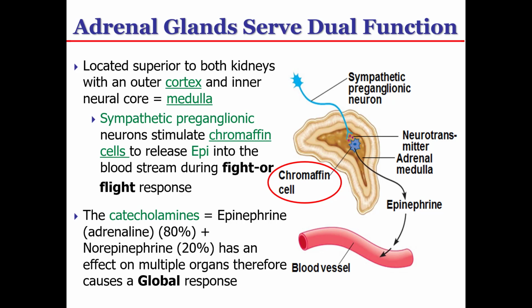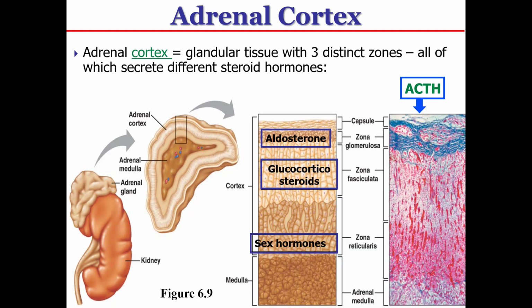So intestines would be slowed, muscles, heart rate, eyes will be dilated, and the delivery of extra oxygen and blood for the fight or flight response. So that was the neural portion first introduced in Unit 2. I'd like to switch and emphasize the true glandular tissue since that is new material for Unit 3.